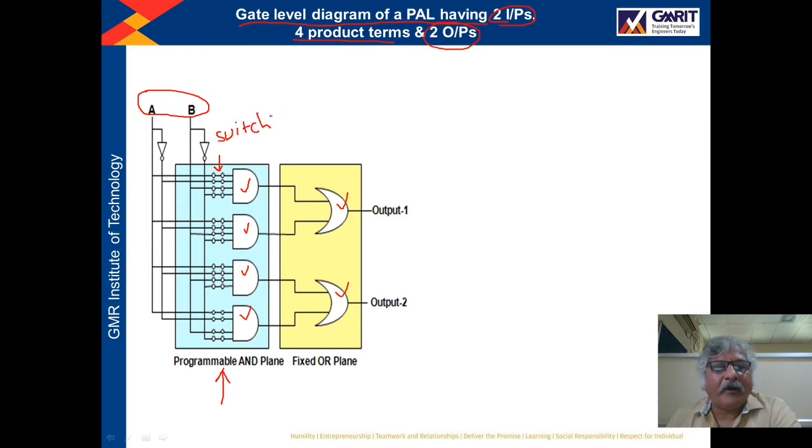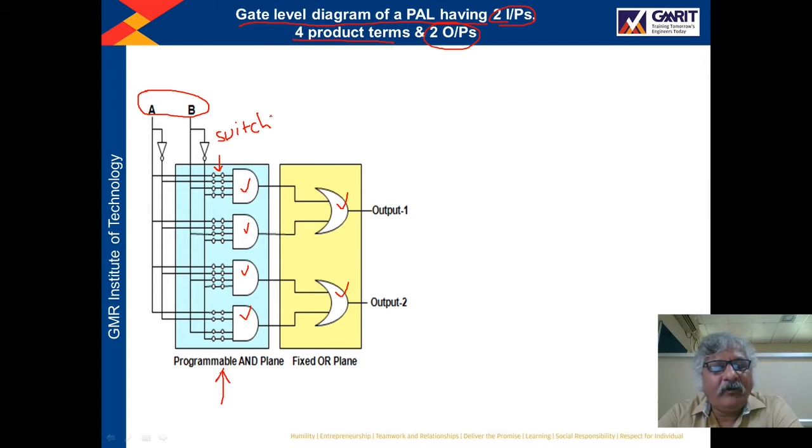These switches are programmable. Already we discussed in the previous lecture how to program it. Once we write the HDL code of our requirement, then after simulation we check the functionality. Then if it is okay, we pass this HDL code through another tool, a synthesis tool.